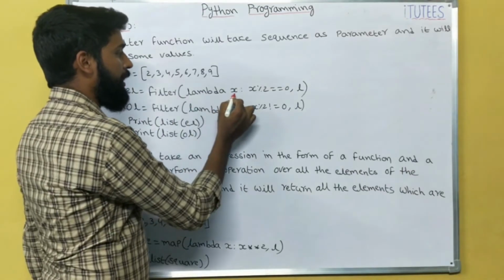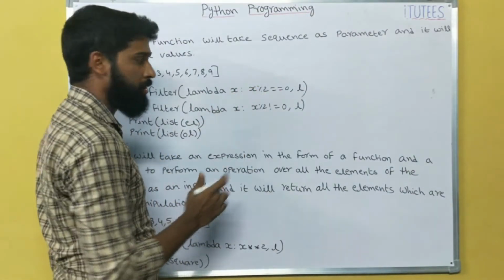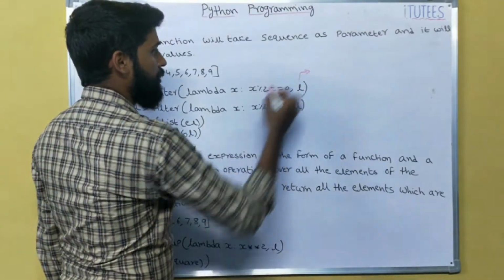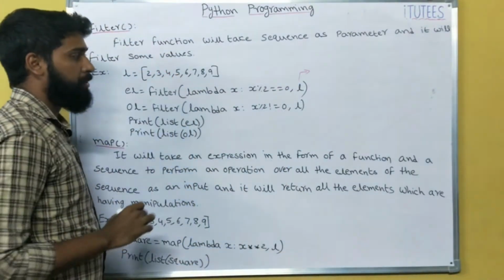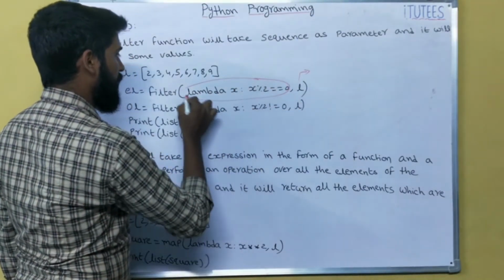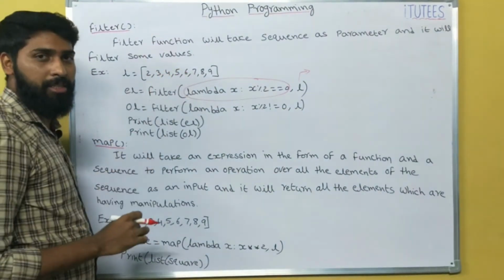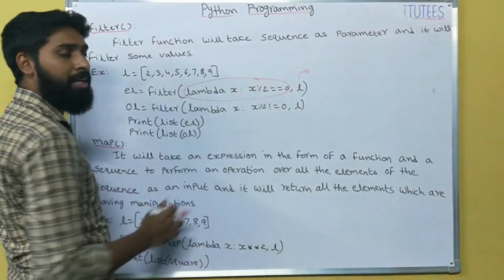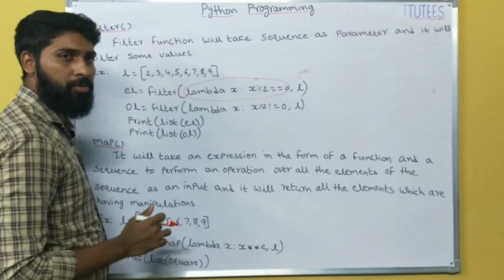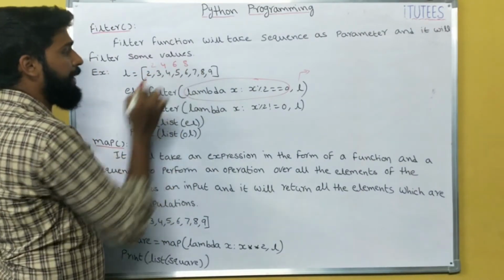So lambda x colon x percentage 2 equals 0. Now, this is the input L and I am performing this function on this L. So that means I filter this list. Based on one condition, x percentage 2 equals 0 means 2, 4, 6, 8.